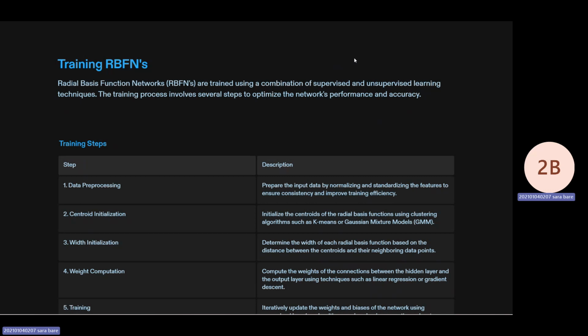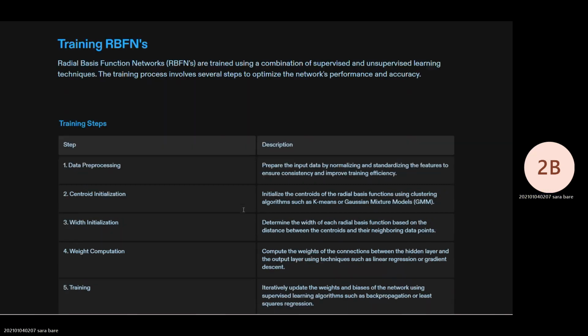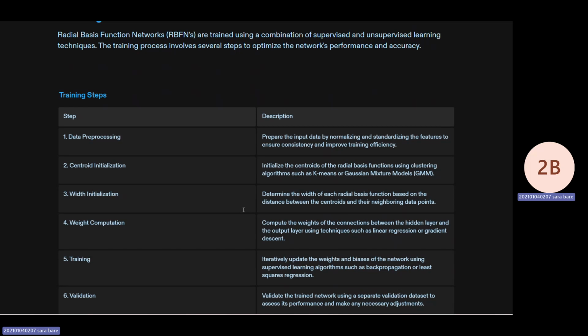First, prepare the input data by normalizing it to ensure consistency and to improve its efficiency. Then, centroid initialization. Then calculate the centroid using the radial basis function such that it can be used for the clustering algorithms like k-means and Gaussian mixture models.